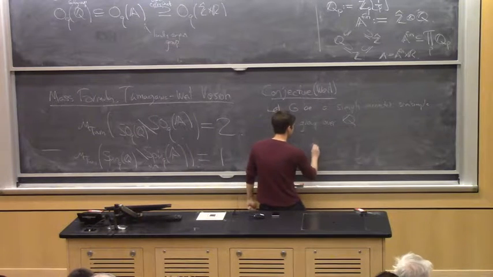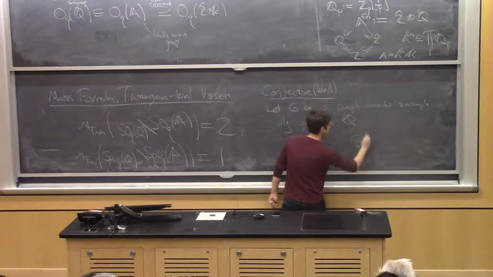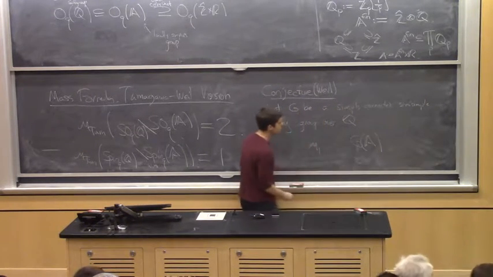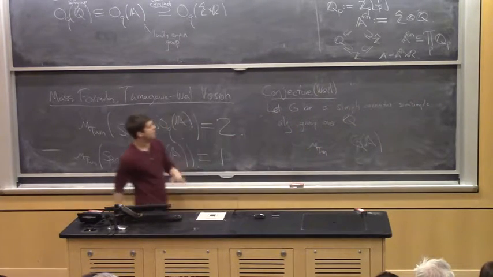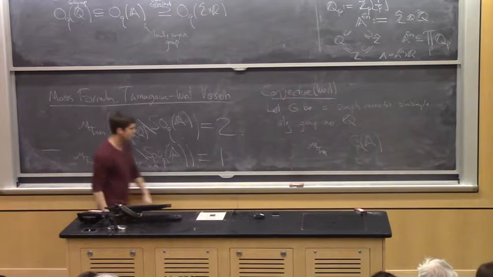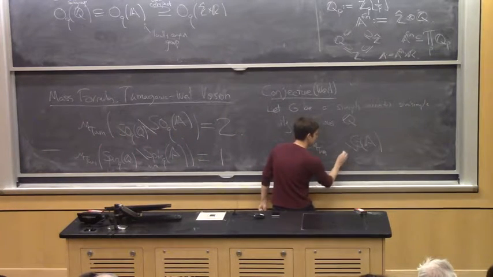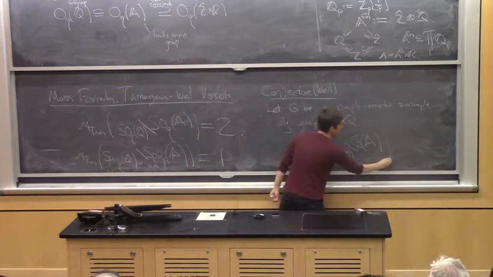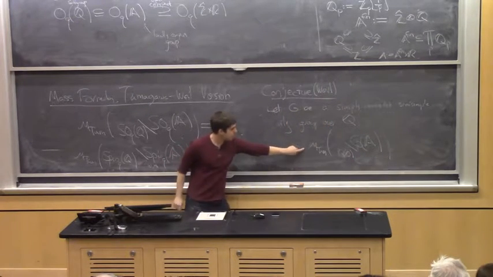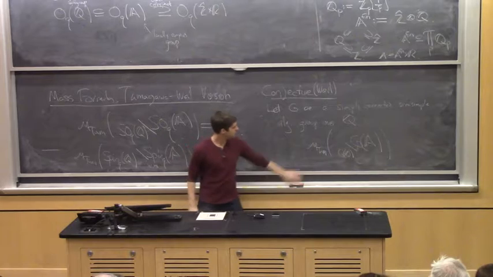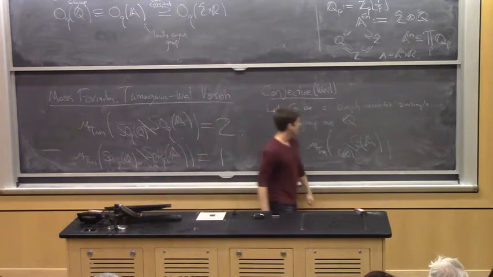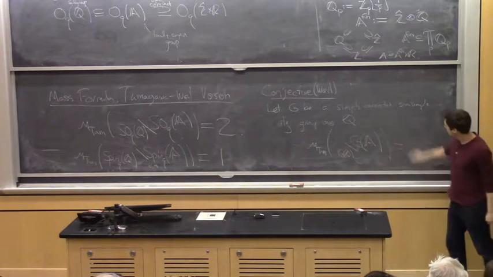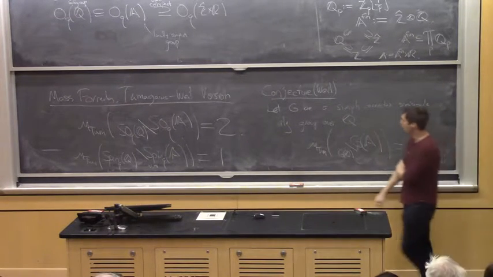Well, in that case, you can make sense of G of the adeles, which is a locally compact group, and Tamagawa's construction gives you a canonical Haar measure on that locally compact group. And that has G of Q sitting inside as a discrete subgroup, and you can contemplate the Tamagawa measure of the quotient. So this quantity is sometimes called the Tamagawa number of the group G. And the conjecture is that if your group is simply connected, this should always be equal to 1.